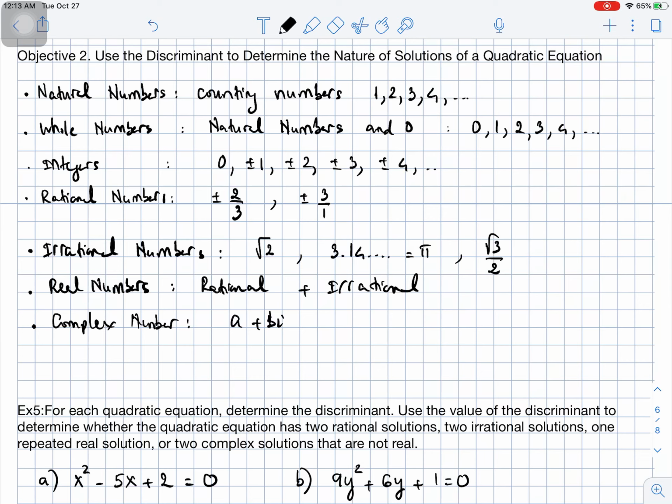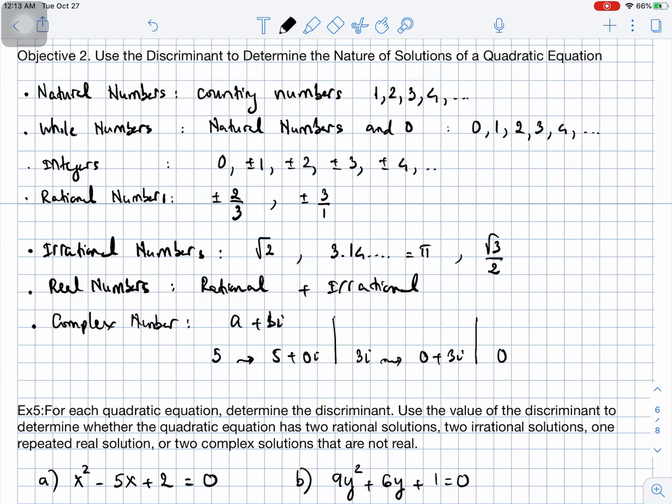And what about complex numbers? We learn them in section 6.8. A complex number is in the form of A plus Bi, where A and B are real numbers.